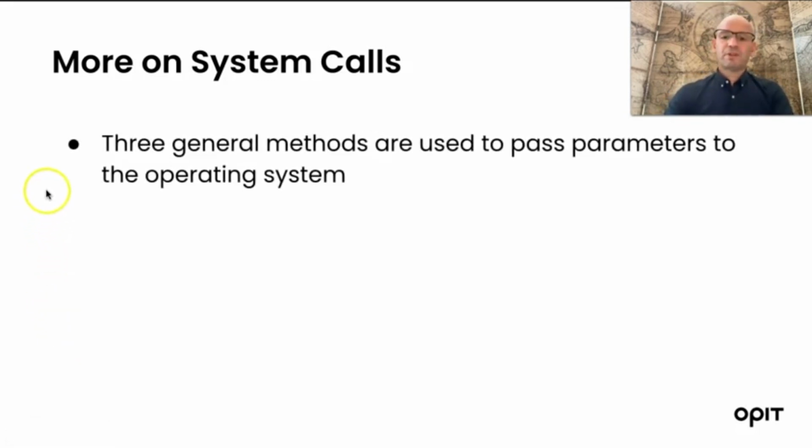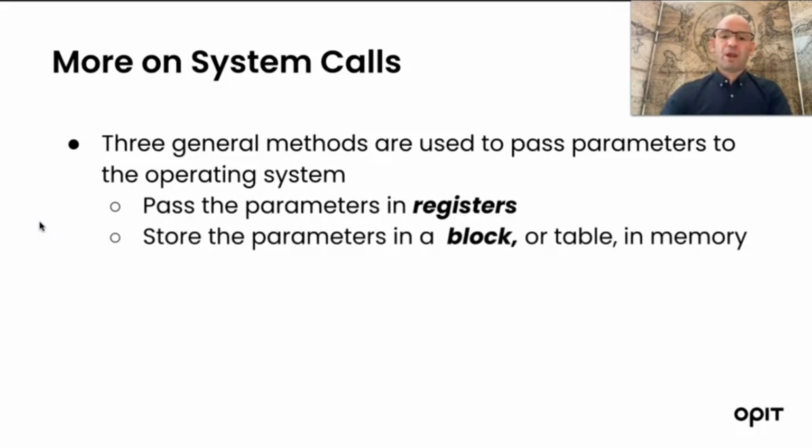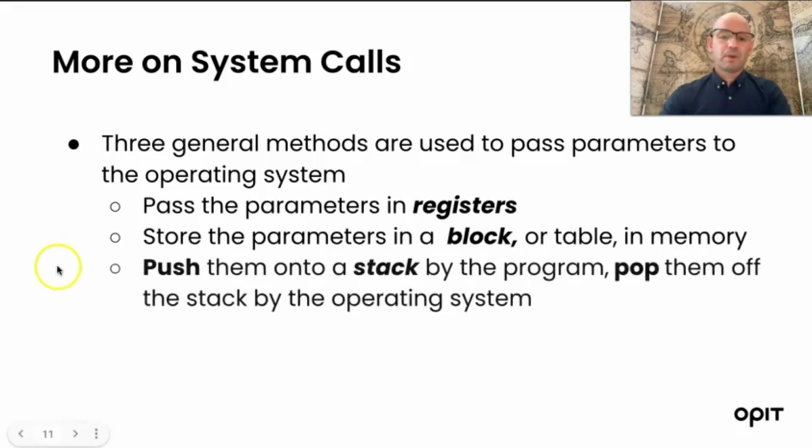So three general methods are used to pass parameters to the operating system. We pass them in registers. We store the parameters in a block. Remember we talked about blocks of memory and how we can manage which ones are available through bits, for example. And the third one is we can push them onto a stack by the program, or pop them off the stack by the operating system.